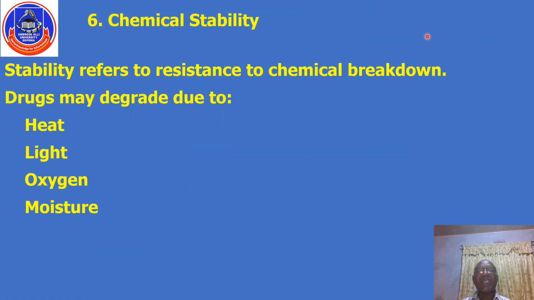Now, the chemical stability of drug refers to the resistance to chemical breakdown, and drugs may degrade as a result of heat, light, oxygen, and moisture. Of course, you will note that unstable drugs lose potency over time.